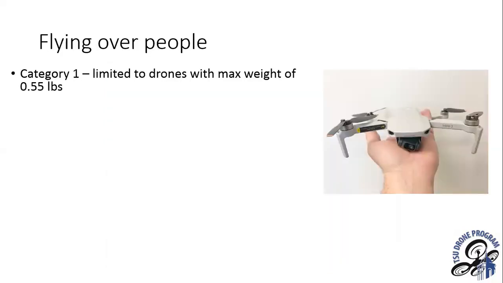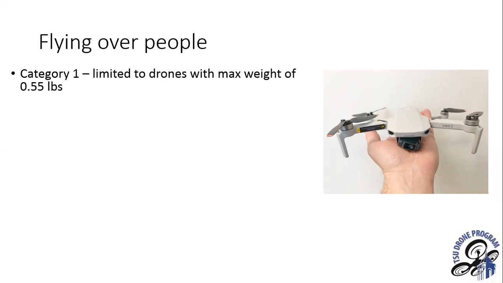Now, the last thing I'm going to go over is some of the regulations with respect to flying over people, because they're related a little bit to the energy created by different aircraft. For a Category 1, this is limited to drones with a maximum weight of 0.55 pounds. In this case, you can fly over non-participating people as long as the aircraft does not contain any exposed rotating parts that can cause lacerations, and it does not contain any safety defects.